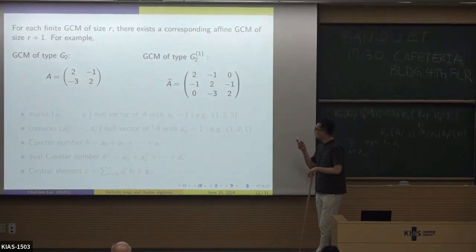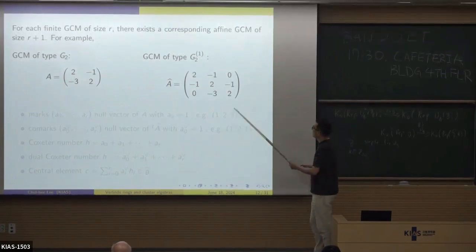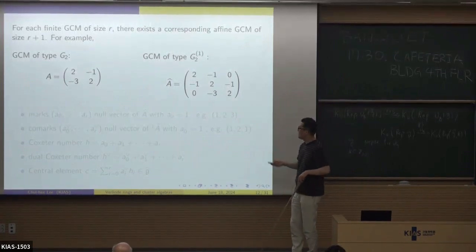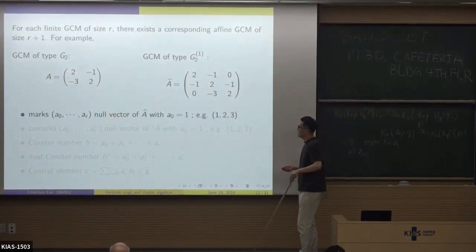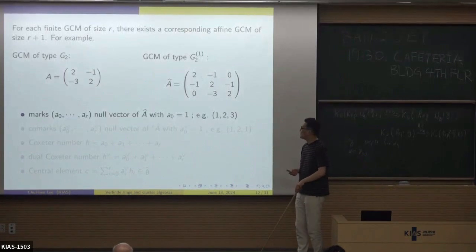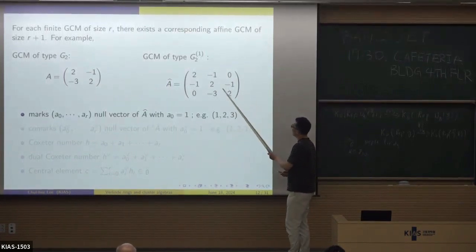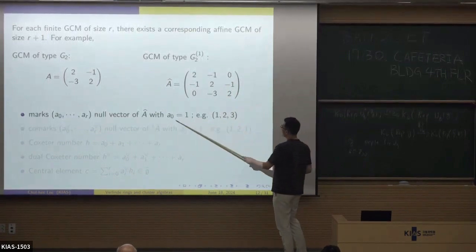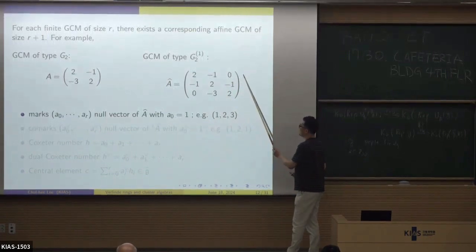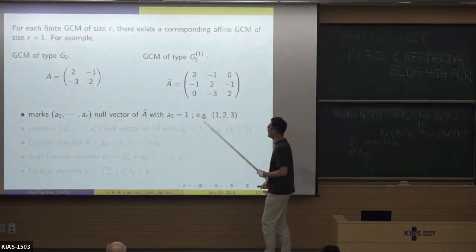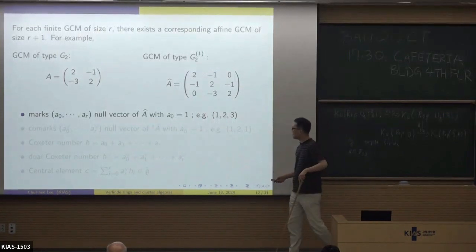Okay, because this has a non-trivial null space, we can define certain quantities using this matrix. Let me first define a few words here. The null vector of this matrix with first entry as 1, so 1, 2, 3, as a column vector, is a null vector. These numbers are called the marks.